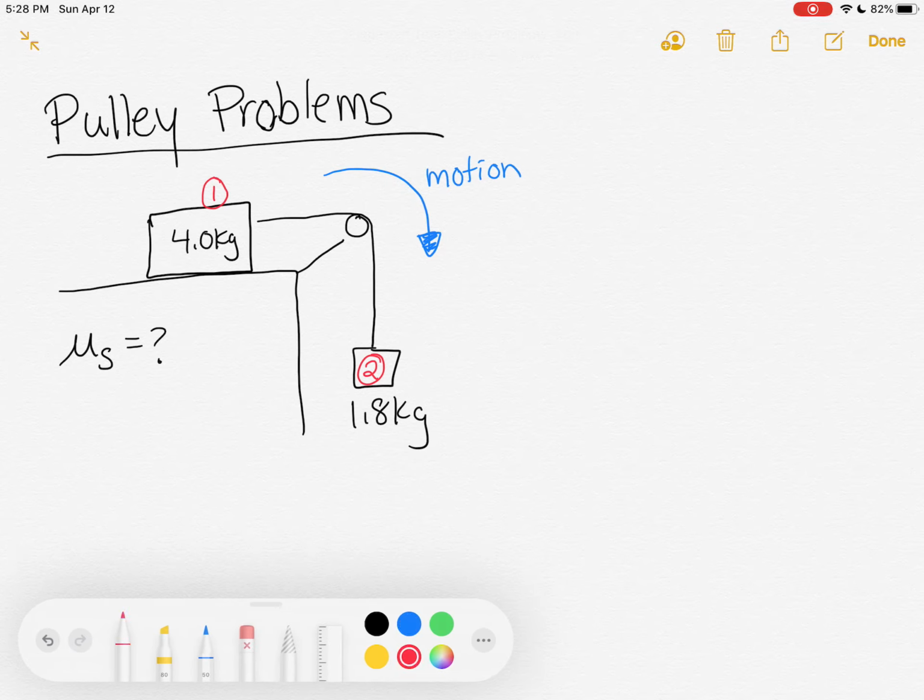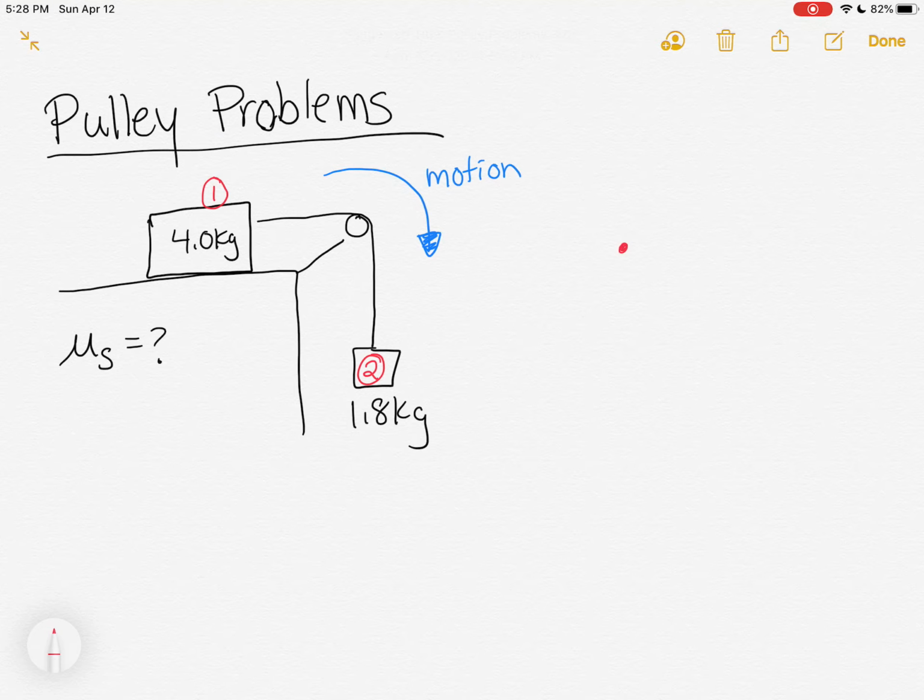Okay, so we're going to draw our free body diagram. So for block number 1, our free body diagram, we're going to have a force of gravity pulling down block number 1, so I'm going to call that FG1. We're going to have a normal force because block number 1 is sitting on a table. We are going to have a static friction force, so that's going to be FS, that is pulling the block backwards from the motion.